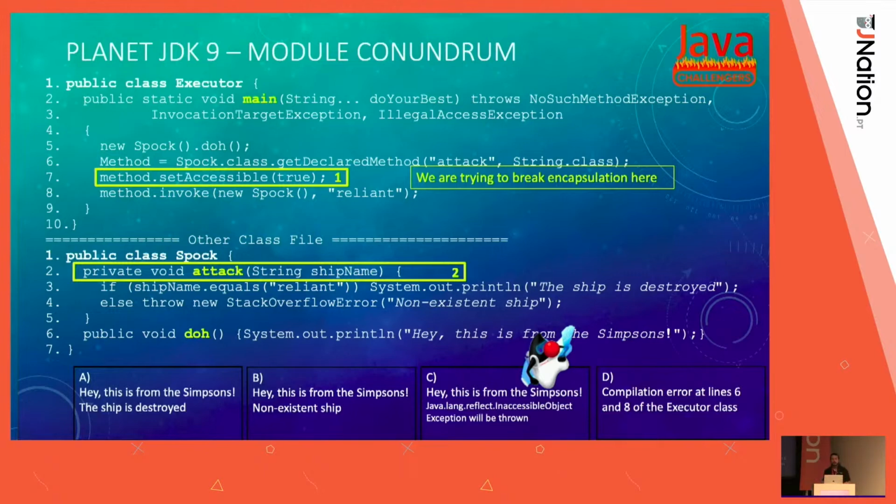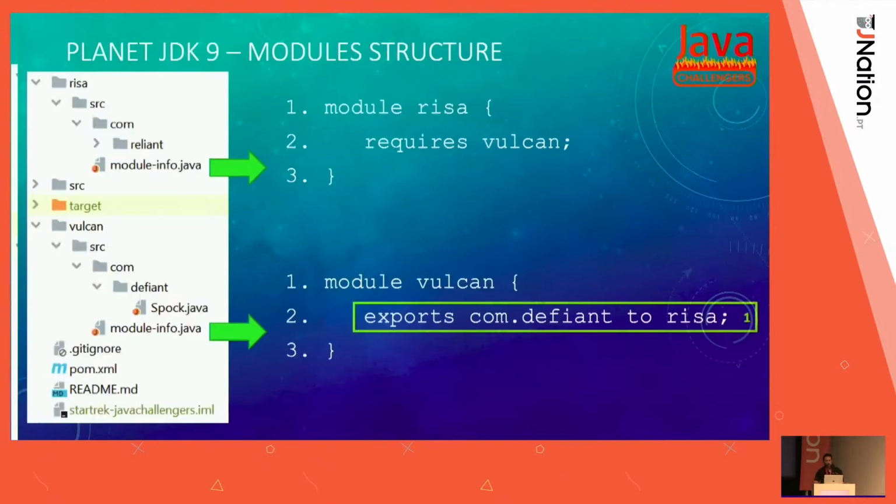So we can't do that with modules. So this is a great benefit with this new feature we have with modules. OK, so since we can't break encapsulation, we couldn't do a setAccessible(true) and invoke the attack method via reflection. So what could we do here instead?